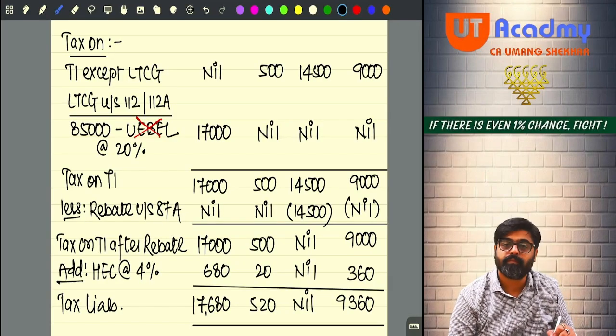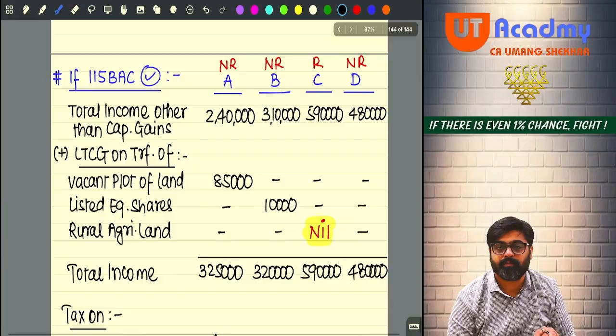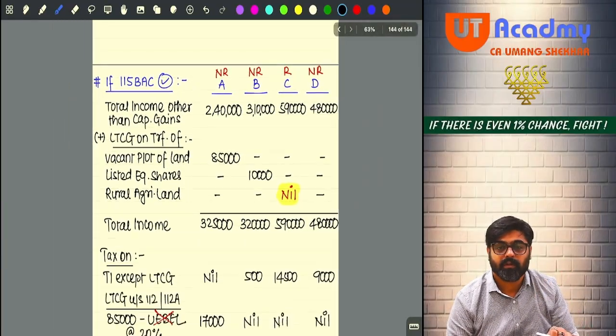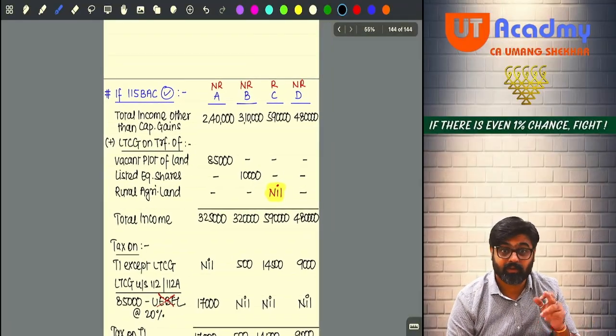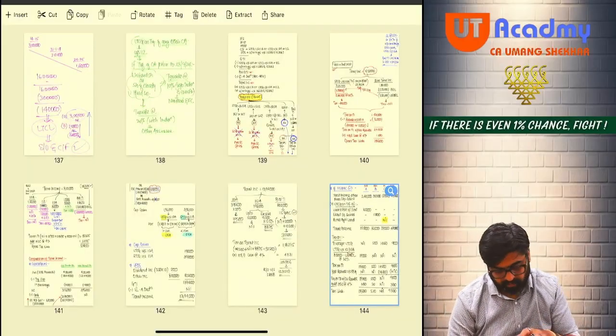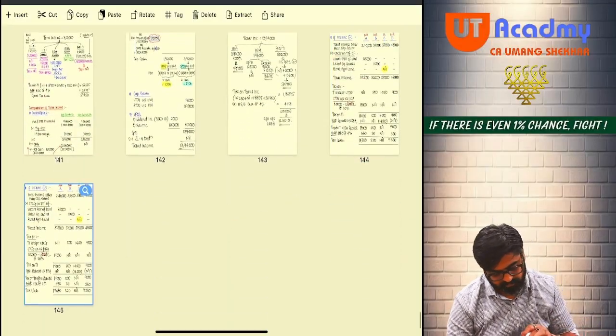Everyone got this? This is when you follow 115BAC. Same thing, copy and paste, if you don't follow 115BAC. Now the things will be a little bit different. Not entirely different, but a little bit different. So copy and paste the same page.